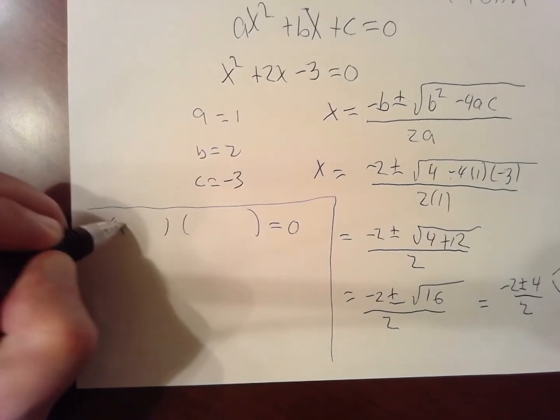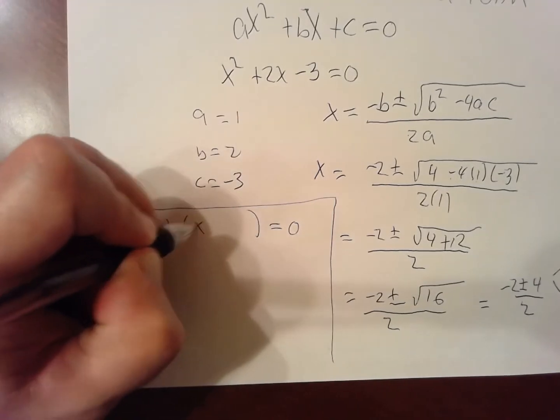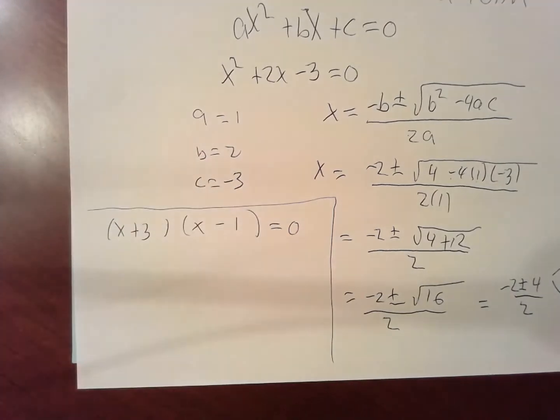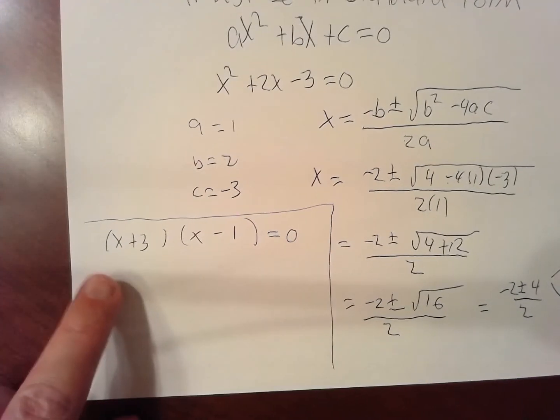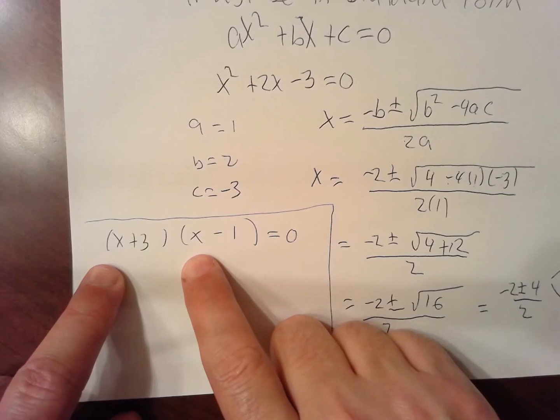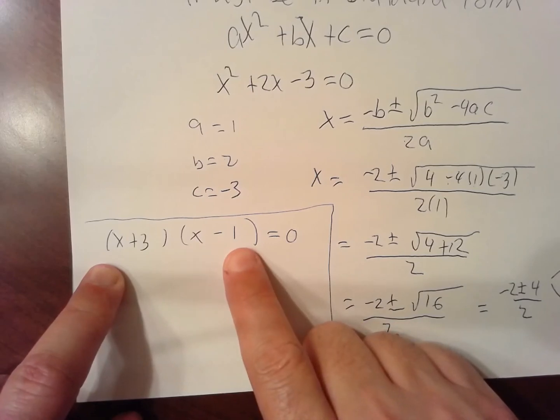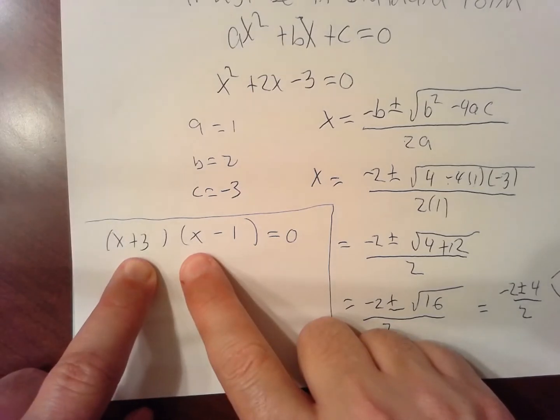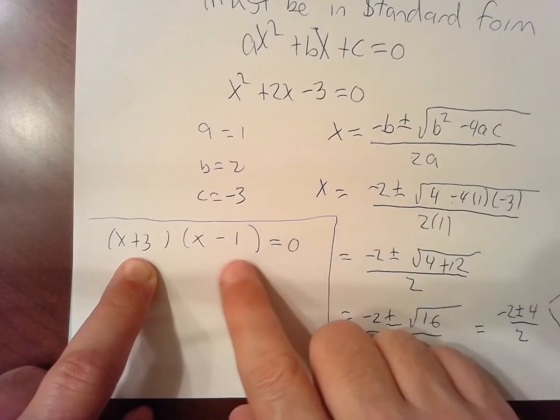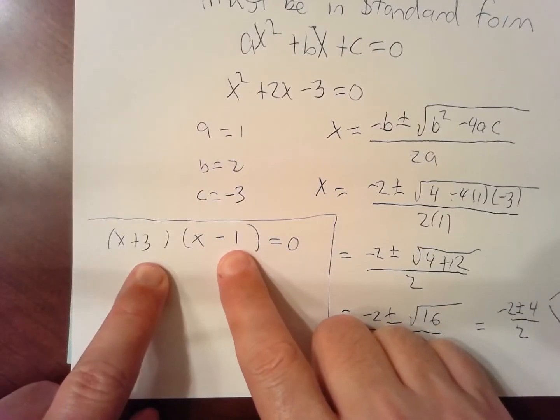That factors x plus 3, x minus 1. Let's check it. x squared minus x plus 3x minus 3. The x's combine to 2x, minus 3.